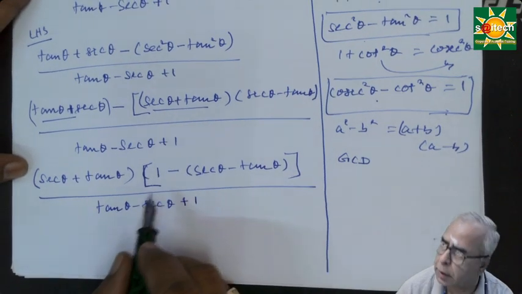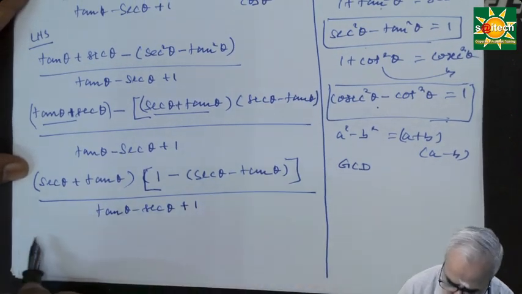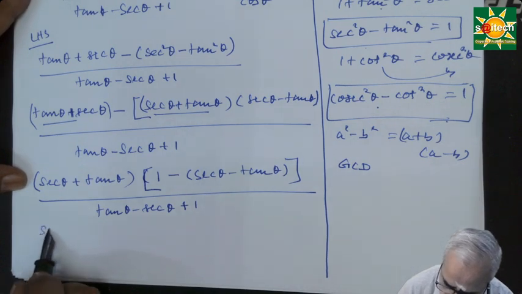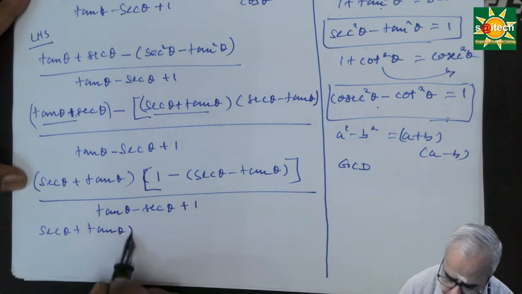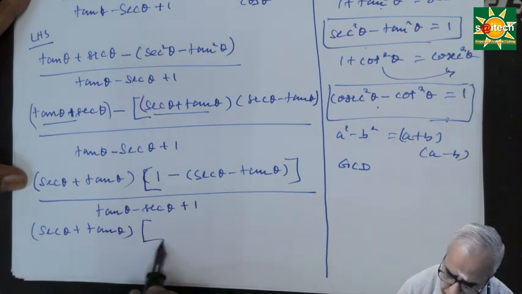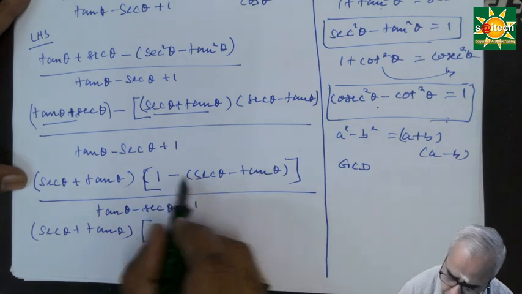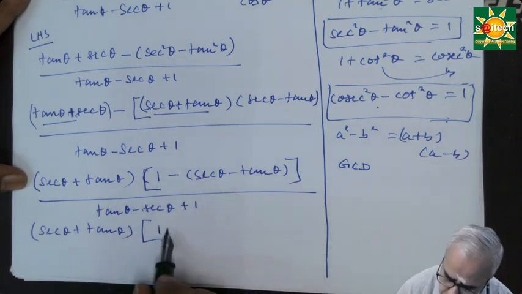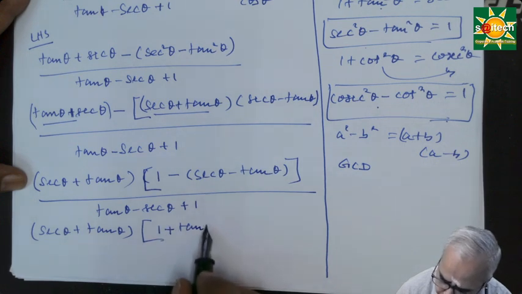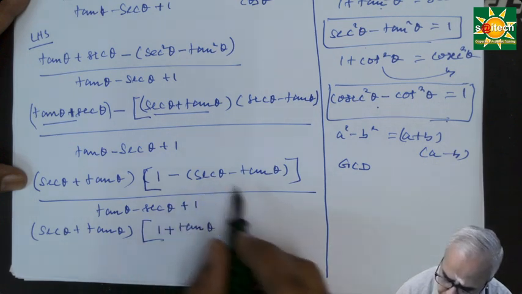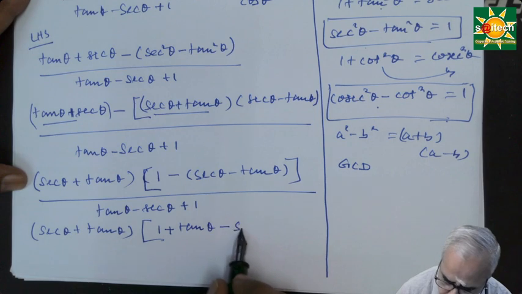Now let us expand it further. Secant theta plus tan theta, and you can write this as 1. What about this? Minus or minus plus. So you can put, and this is minus, is it not? So 1 minus tan theta, 1 plus tan theta, and then minus secant theta, is it not?